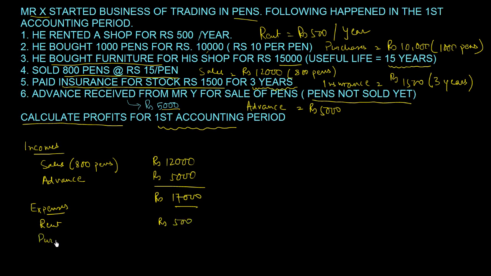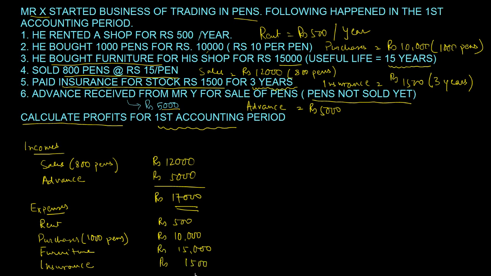Then purchases for 1000 pens, rupees 10,000, and then furniture, which was purchased for rupees 15,000, and insurance, which was paid for rupees 1500.